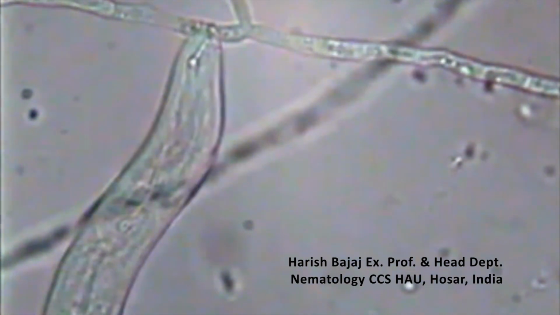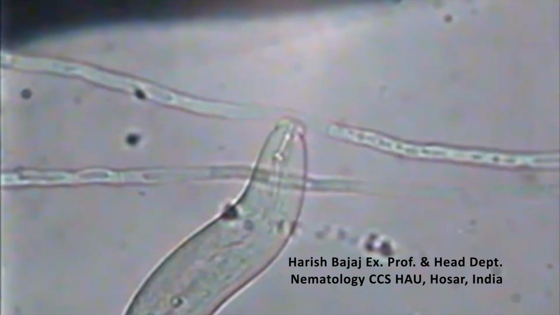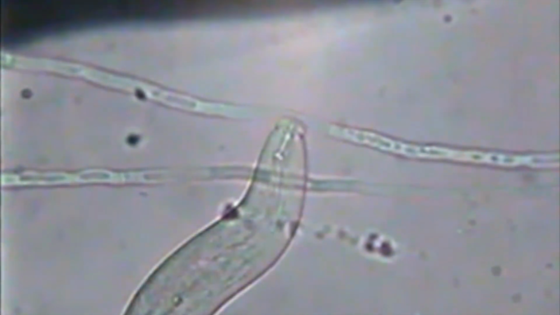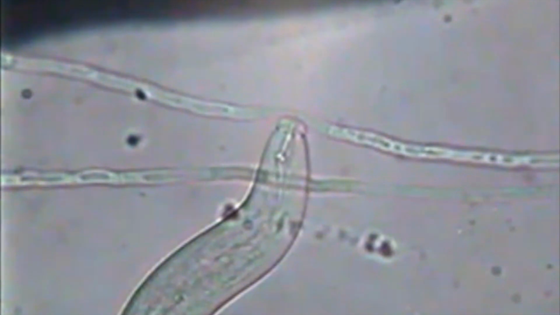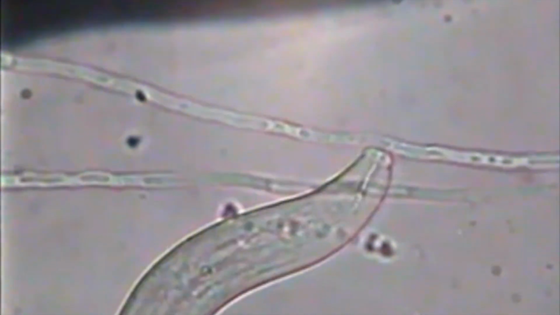This video was generously provided by Dr. Harish Bajaj, an ex-professor and the head of the Department of Nematology at Ahasa University in India. And as you can see here, the nematode is piercing the fungal hypha with its stylet. And you can also see how the contents of the fungal hypha is being drawn through that straw effect.